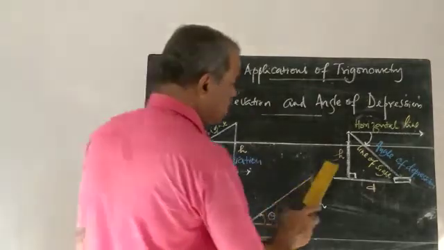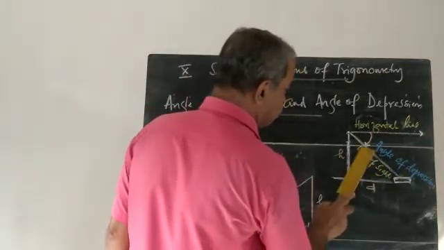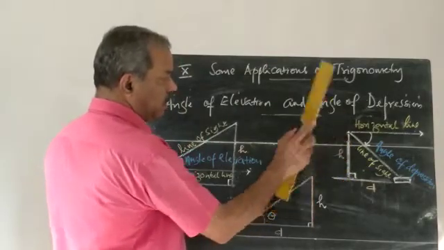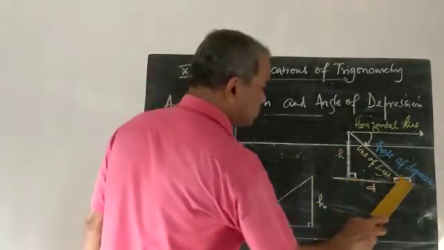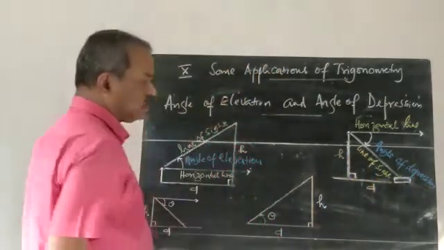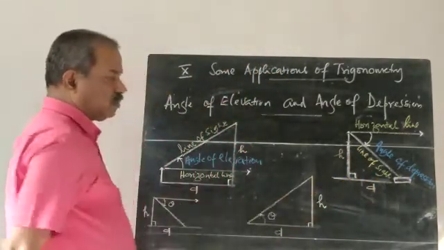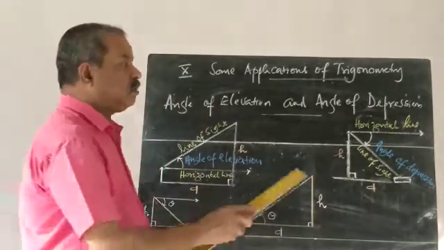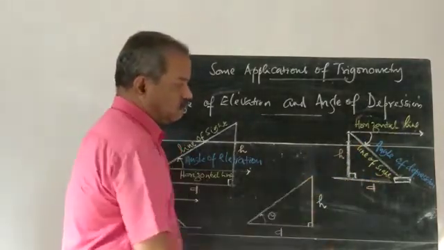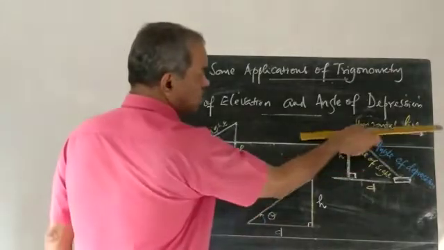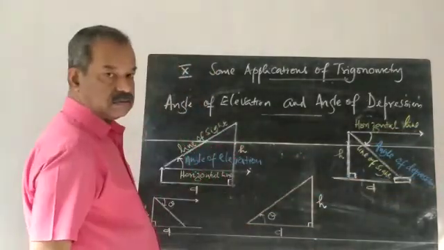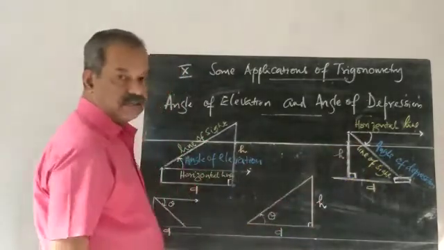Similarly, this is the height of the building, and this is the distance between the object and the foot of the building on level ground. To calculate this, the horizontal line and the level ground are taken as parallel lines.